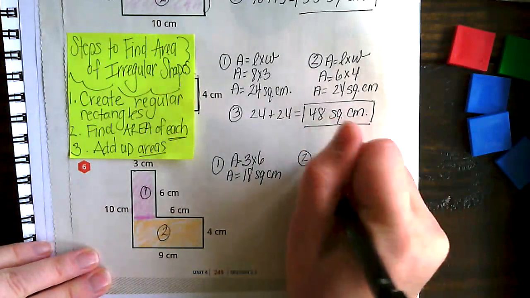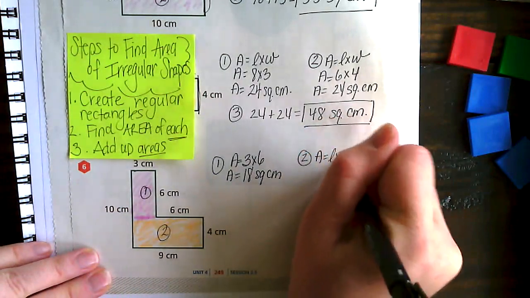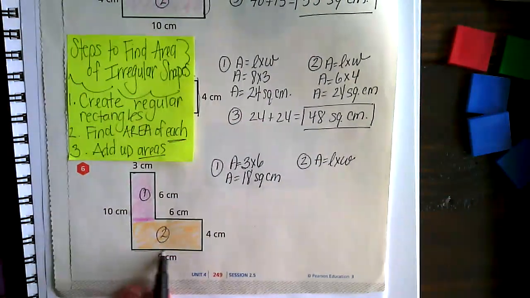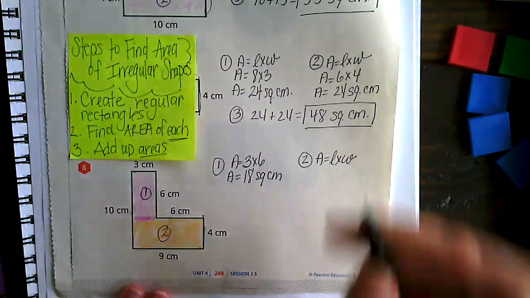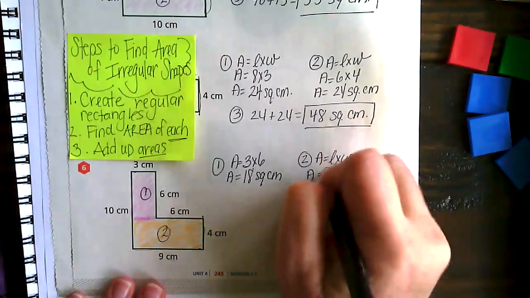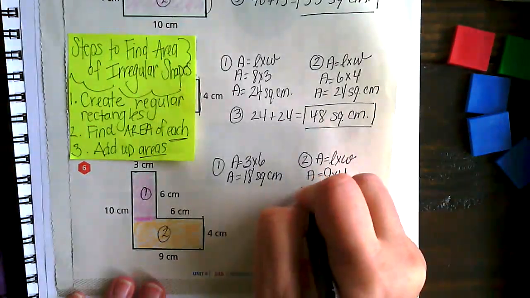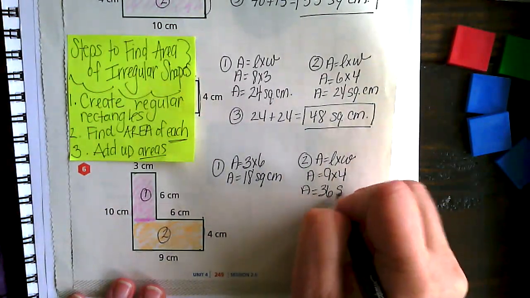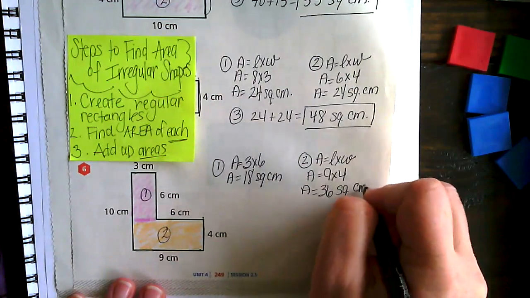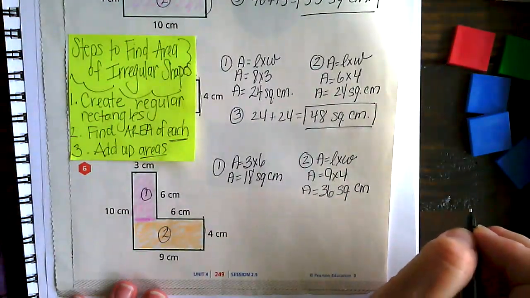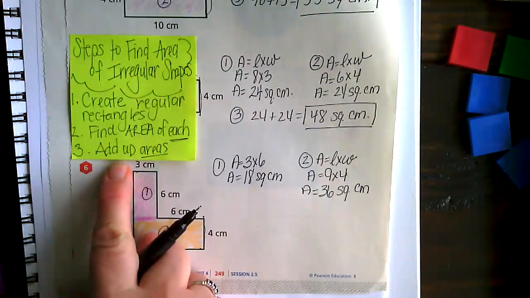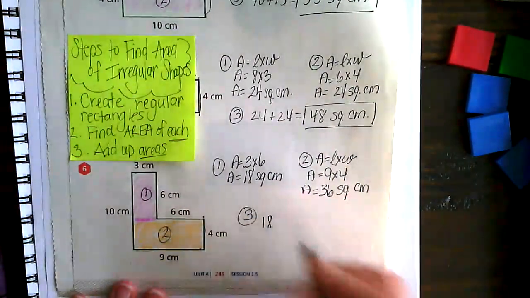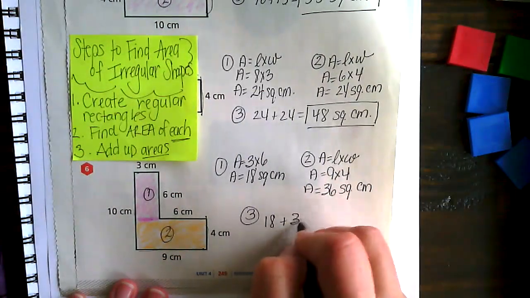Let's look at rectangle 2. Area equals length times width. 9 times 4. Nine times 4 equals 36. Okay, step 3, add them up. 18 plus 36.